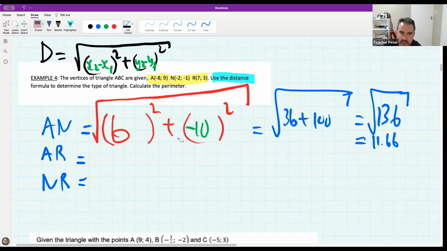Okay. Let's find me the distance between those points. And then once you've found the distances, I want you to tell me what type of triangle this is.